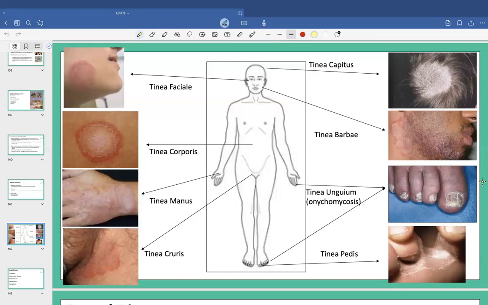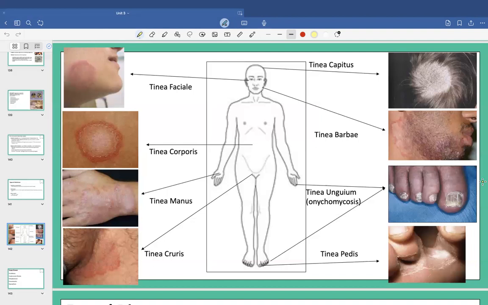I put a resource in your notes at the bottom about annular lesions or circular type lesions, that has a comparison sheet, so you can think about those when you're trying to build your differential. So you can use that as a resource, it's not to memorize.